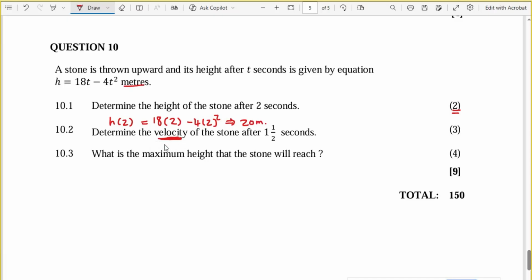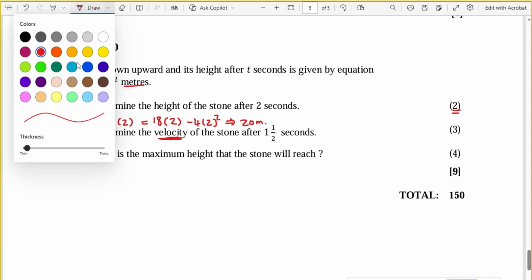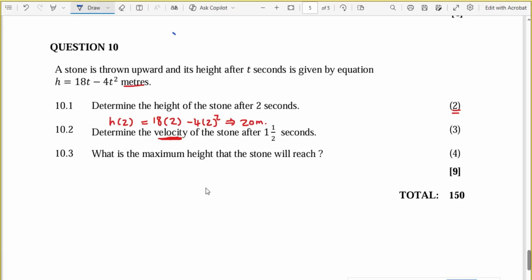Then the next question, determine the velocity. When you see the word velocity, you find the first derivative. So I'm just going to put that here as an exam tip. When you see the word velocity, it means find h prime at t, then substitute to get the velocity. So we need to derive this. If h at t is equal to 18t minus 4t squared, what is my h prime at t? So h prime at t is just 18 minus 8t.